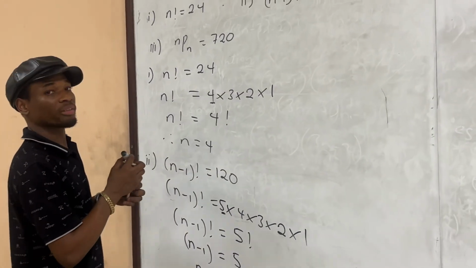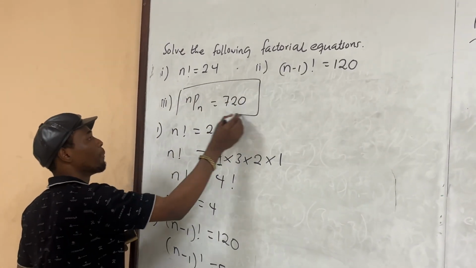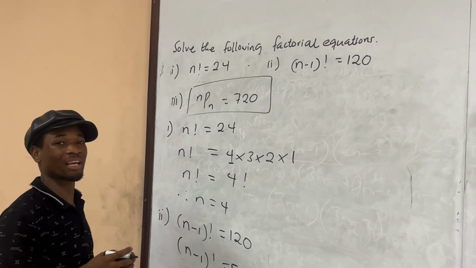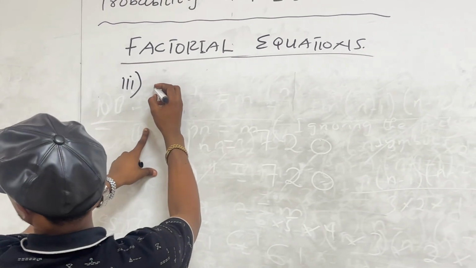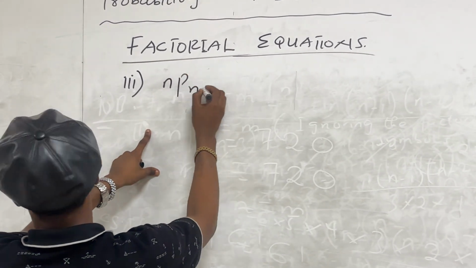Now let's work out the last question, which is n permutation n equal to 720. Solve the following factorial equations.